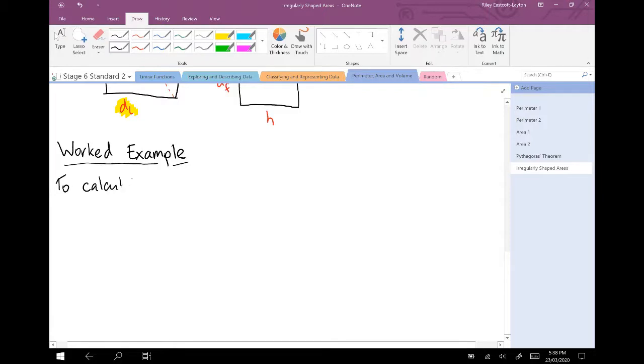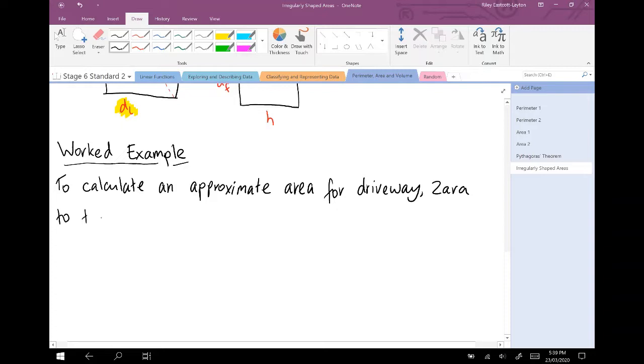To calculate an approximate area for her driveway, Zara took 2 measurements, 5 meters apart, like so. So here's our diagram.